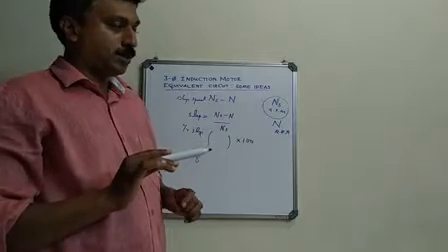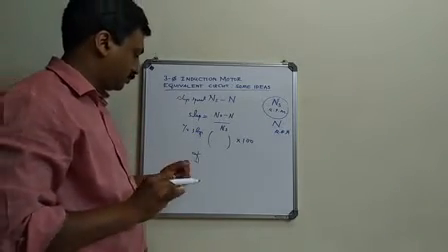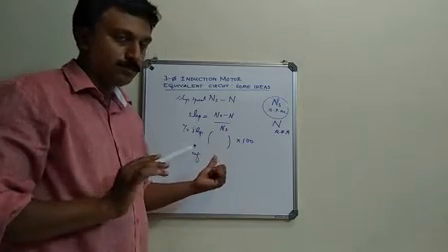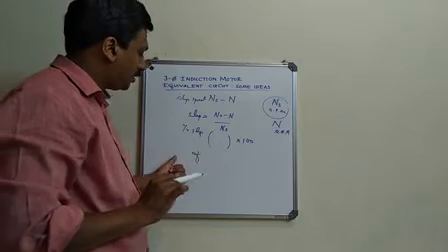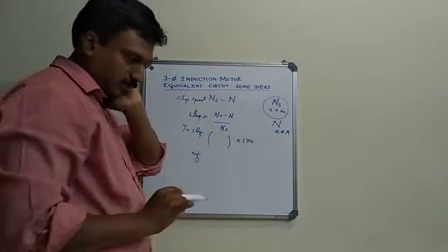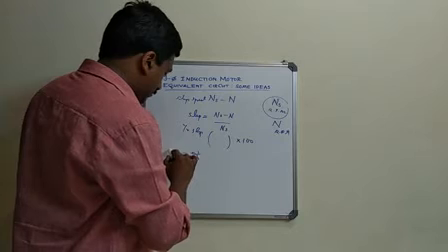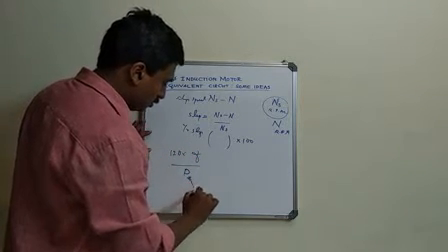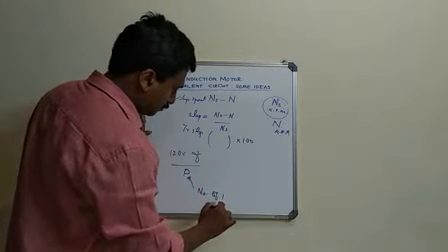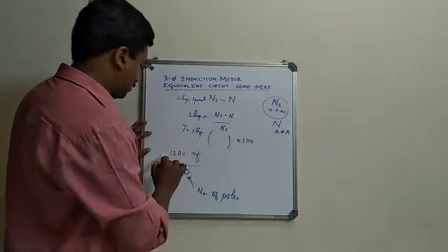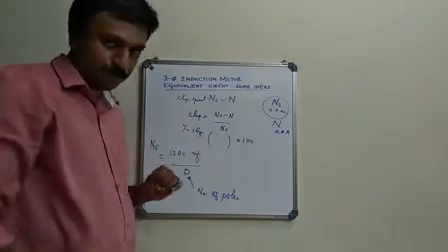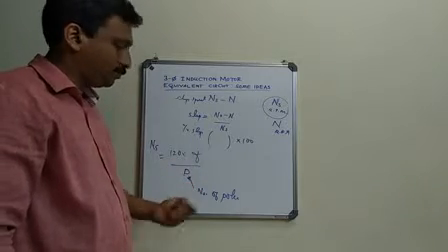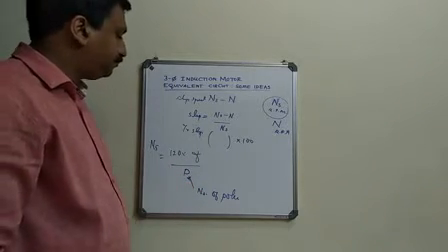At standstill, the flux frequency is f, and the speed is ns equal to 120 f by p, where p is the number of poles. We are not going deep into these definitions, but note this quantity.